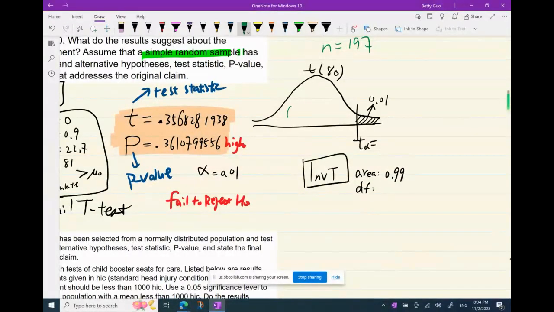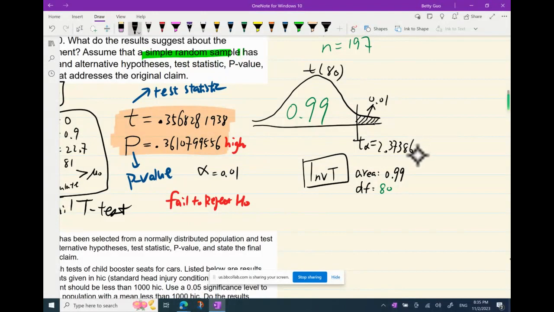This area is 0.99, and the df is 80. And the critical value is 2.37.